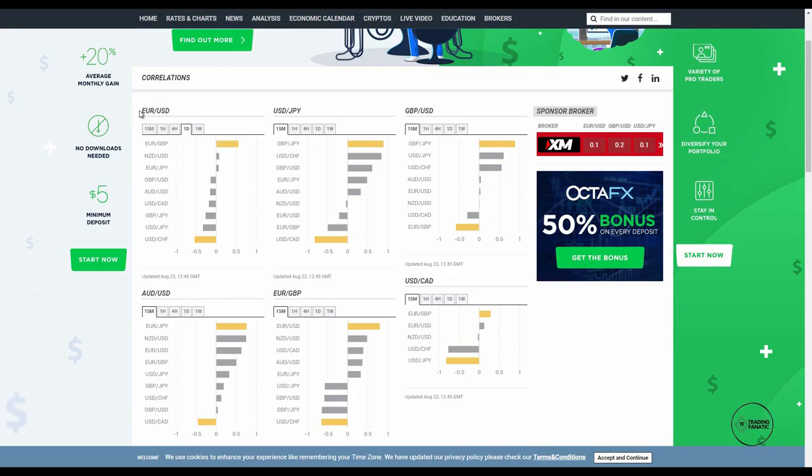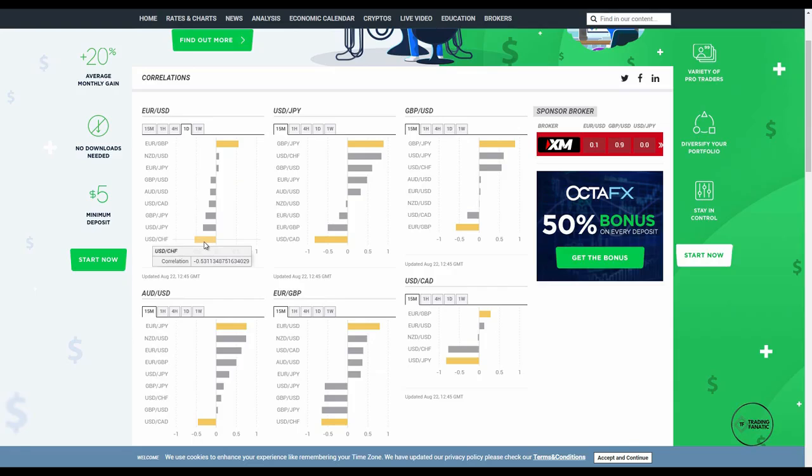So EUR/USD currently, if we have a look at the daily time frame, we see that the pairs at the top are the positively correlated ones, which means that they move in the same direction as the given pair here. And as we go down, those become negative.